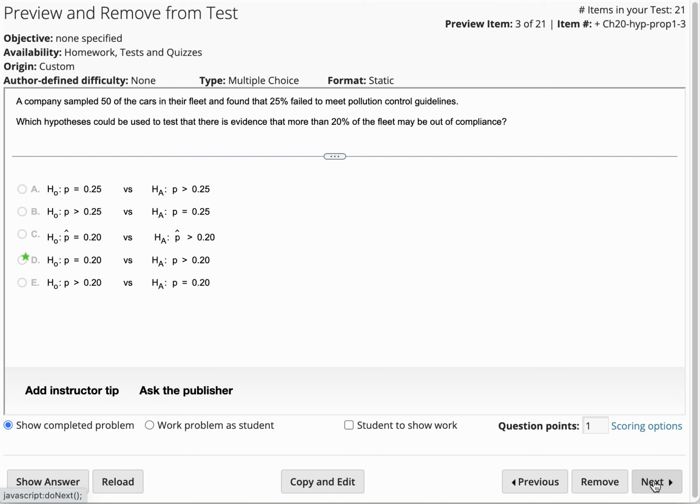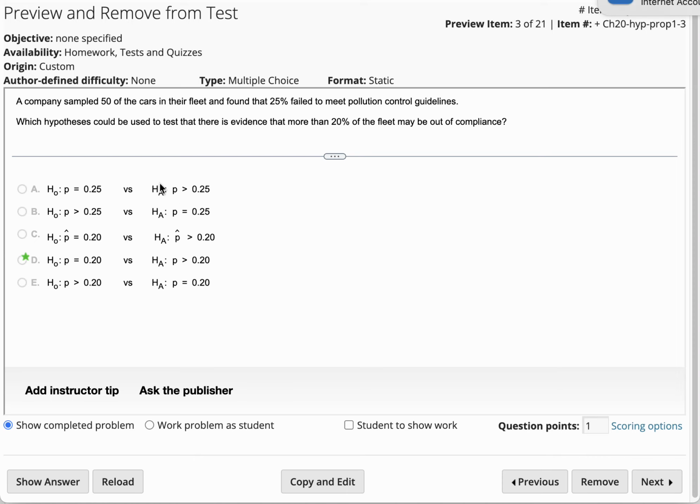Sample of 50 cars in a fleet, 25% failed to meet pollution guidelines. Which hypothesis could be used to test this evidence that more than 20% of this fleet are out of compliance?